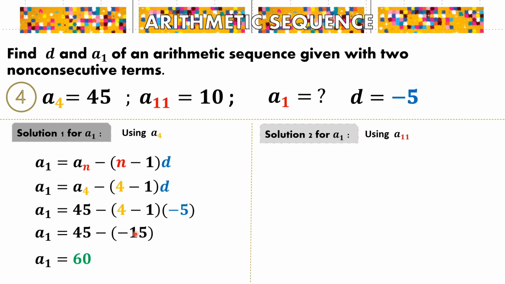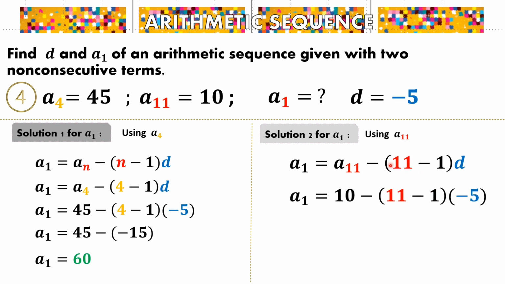Okay, let's proceed in using a sub 11. A sub 1 equals a sub 11 minus quantity 11 minus 1 d. A sub 11 is 10 minus 11 minus 1 times d is negative 5.